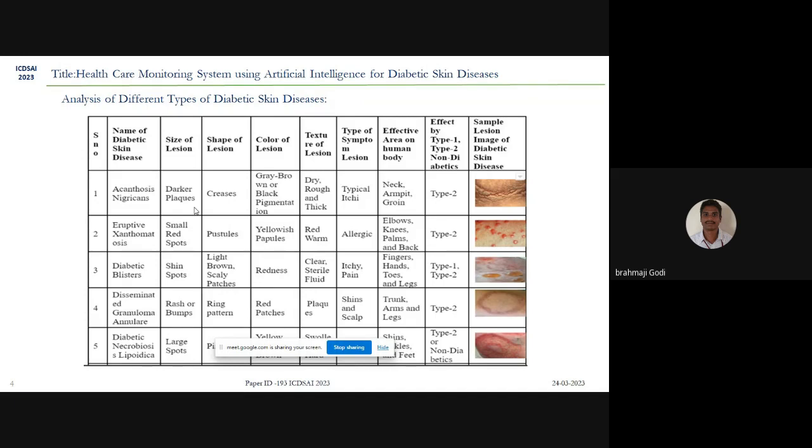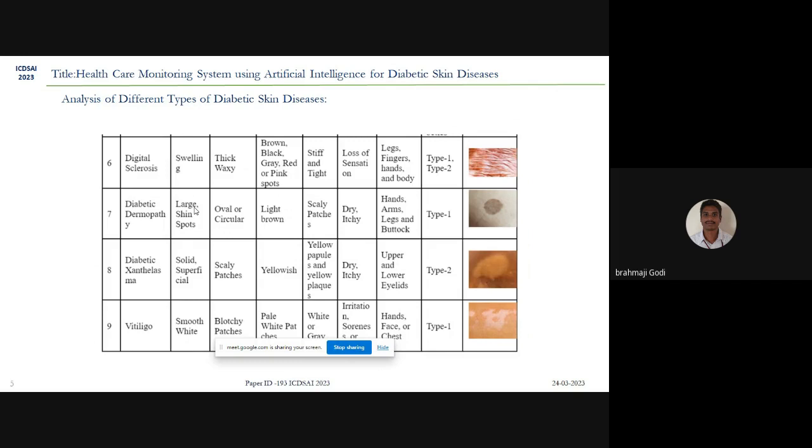It is not from one particular place, sir. We have collected these images from various repositories. These are diabetic cirrhosis, dermopathy, angiopathy, vitiligo, and these are the 9 types of diseases mostly affecting diabetic patients.